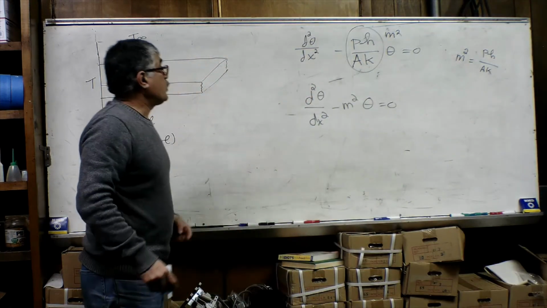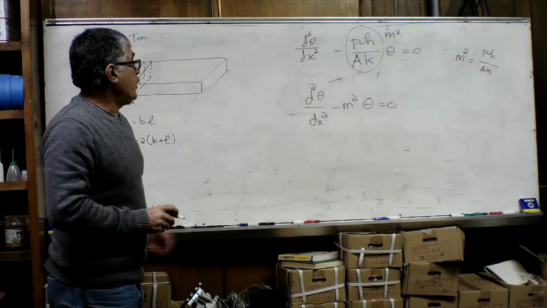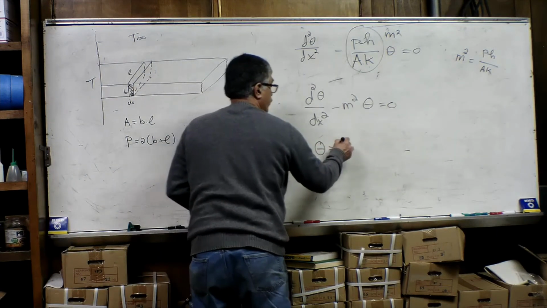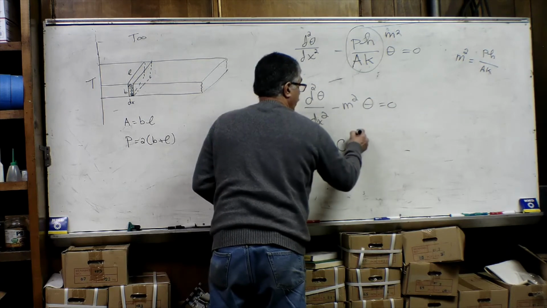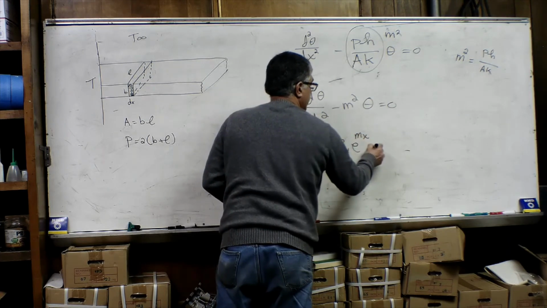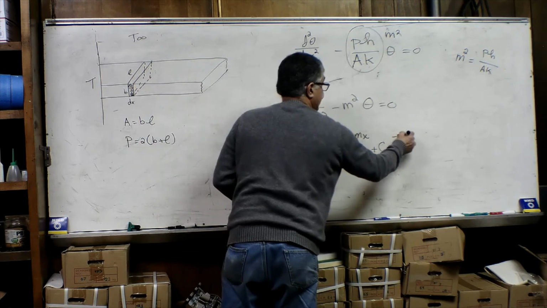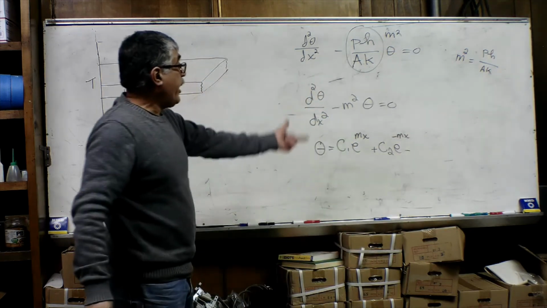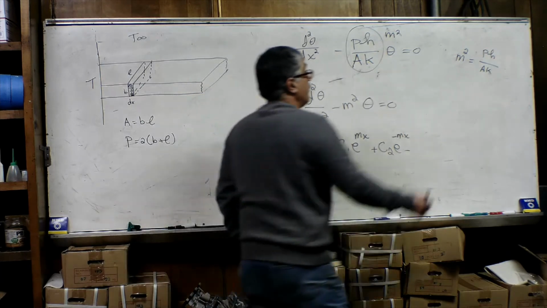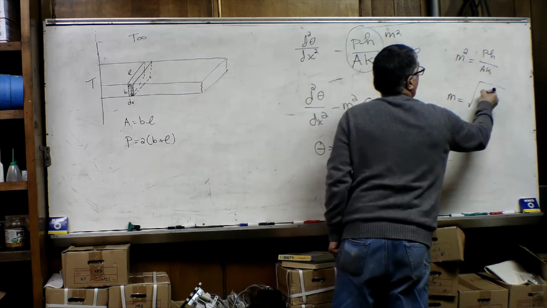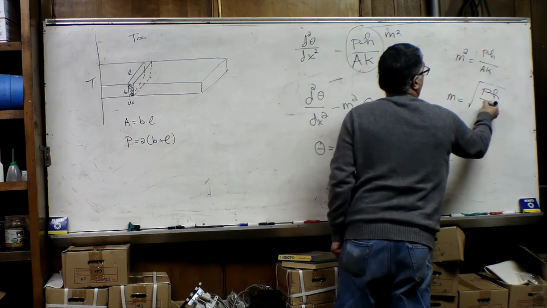So the general solution for a differential equation like this will be theta equal to C1 e to power mx plus C2 e to power minus mx, where m will be the square root of pH over AK.